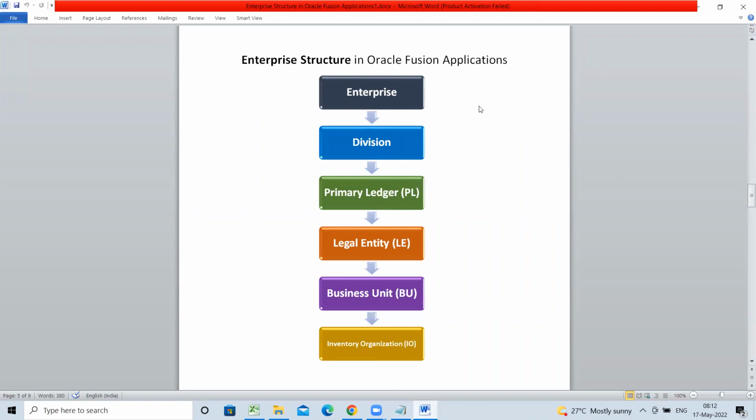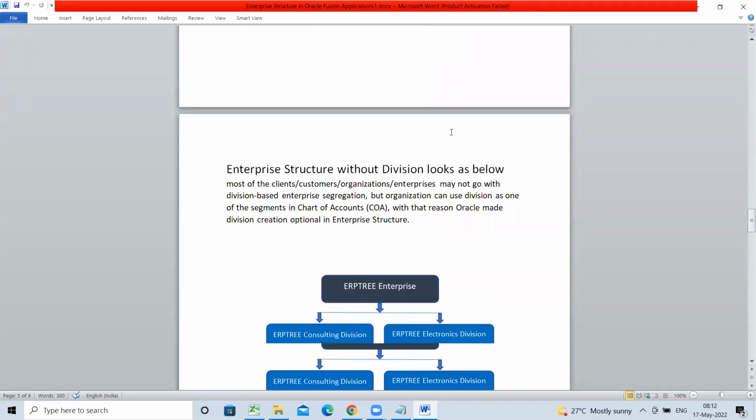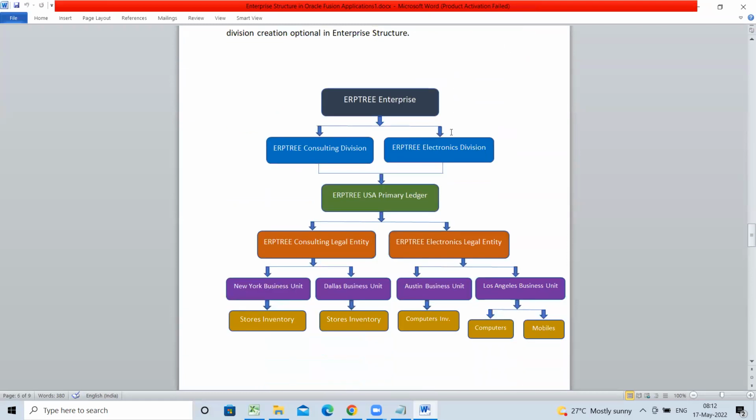Now let's take a simple example. One client is running the business in one country, that is USA. They have two divisions. In the same country, say they have two separate registrations, and with each registration they are running a business in two locations.